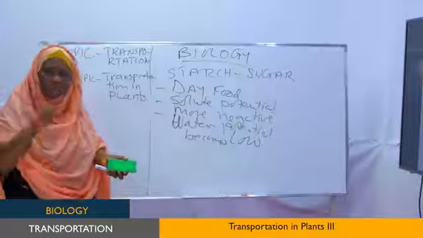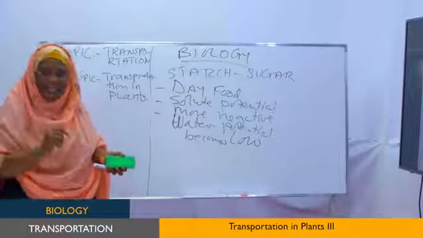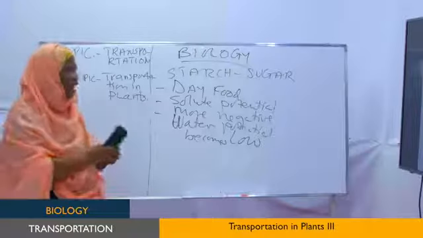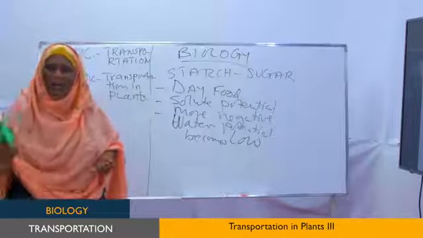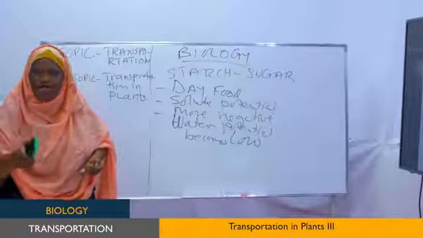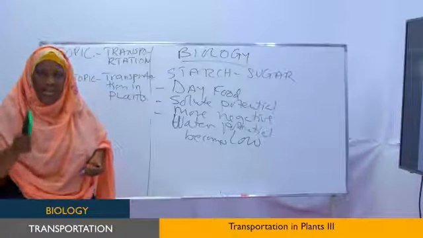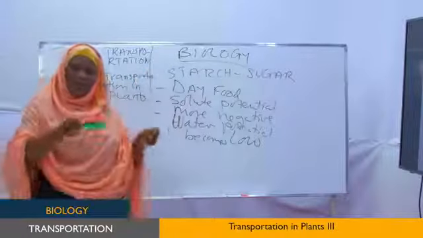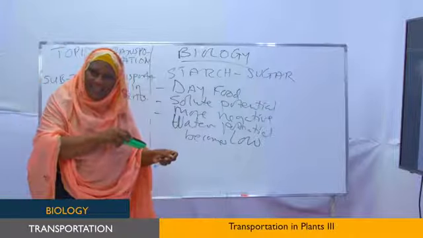Due to that, osmosis will take place. Water will move from the area of high water potential to the area of low water potential. That means from other epidermal cells to the guard cells.